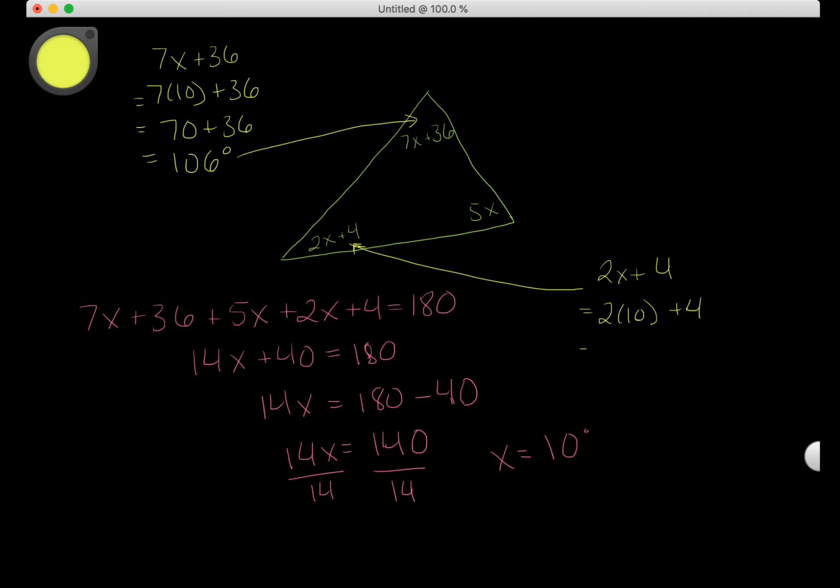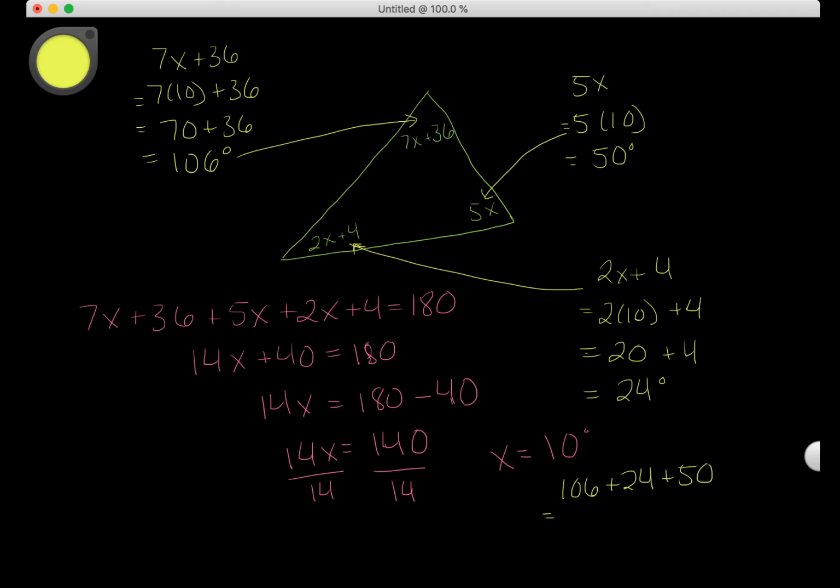Then we have this one right here, which is 5x, which is equal to 5 times 10. 5 times 10 is 50 degrees. If we add all of them together, we should have 180. So 106 plus 24 plus 50, 180 degrees.